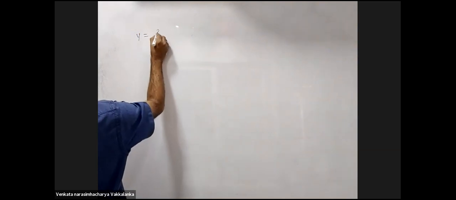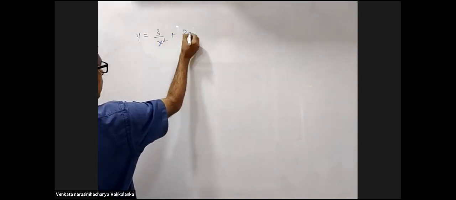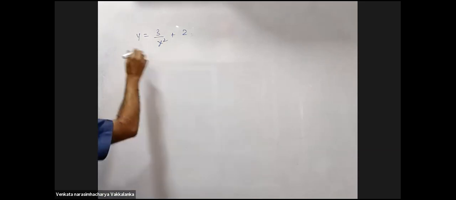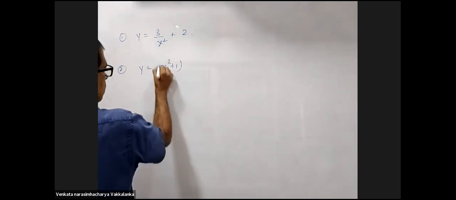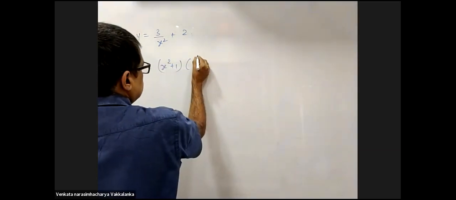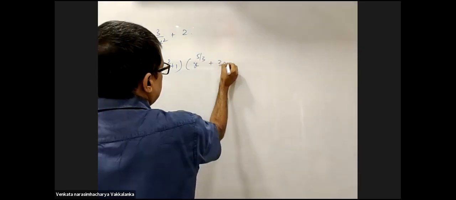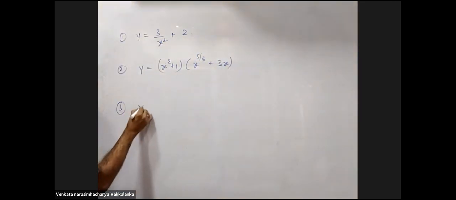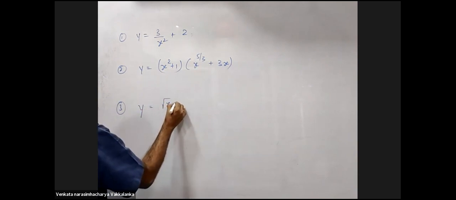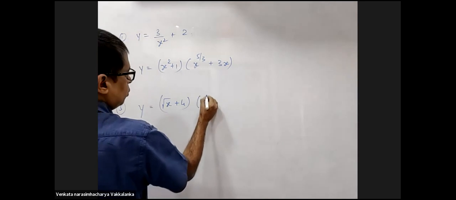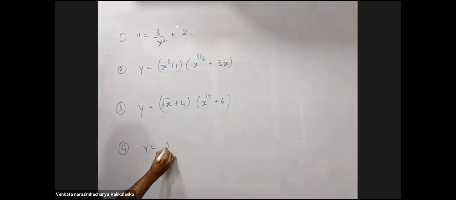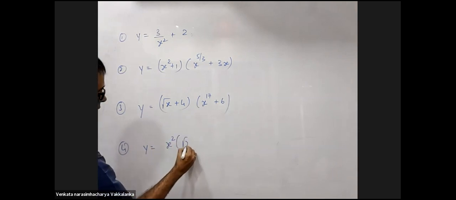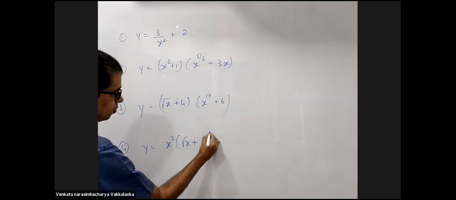y is equal to 3 by x square plus 2. Find out dy by dx for all of them. Take it down as homework. x square plus 1 into x to the power 5 by 3 plus 3x. 3. y is equal to root x plus 4 into x to the power 17 plus 6. y is equal to x square into root x plus 3x to the power 3 by 2.